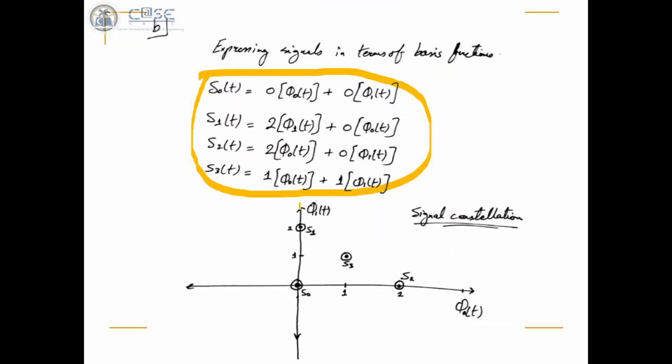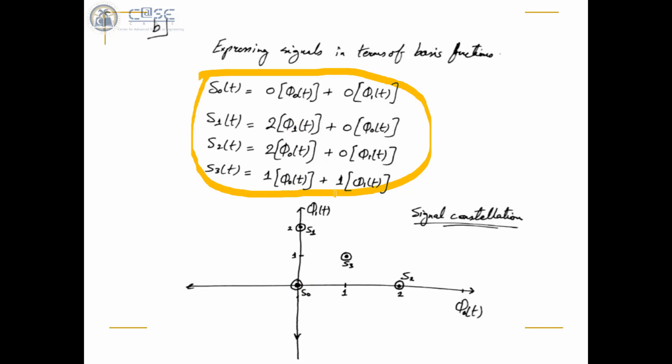And likewise, I have represented other signals as well. Now, using the basis functions represented on a constellation diagram, I can plot these constellation points, signal points. S0 of t has 0 times phi 0 of t and 0 times phi 1 of t, and is represented here at the origin.